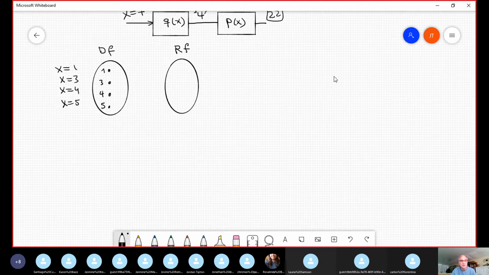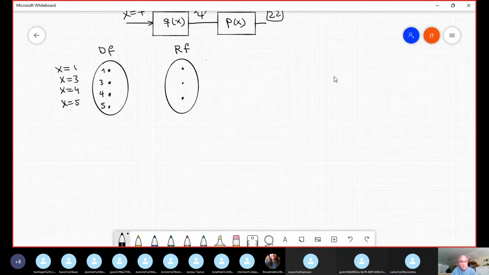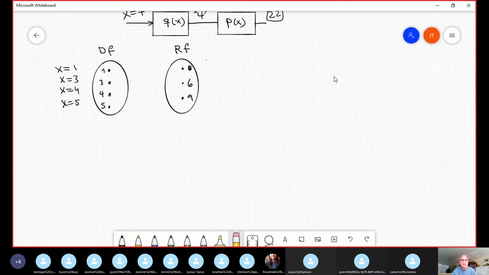Then you have the association function where the other value, the y, is also 3 values: 0, 6, and 9. Okay, this is 0. And the association is given also.